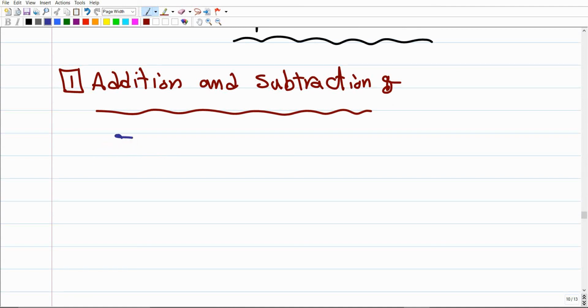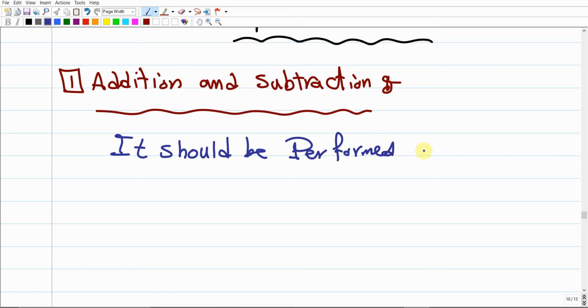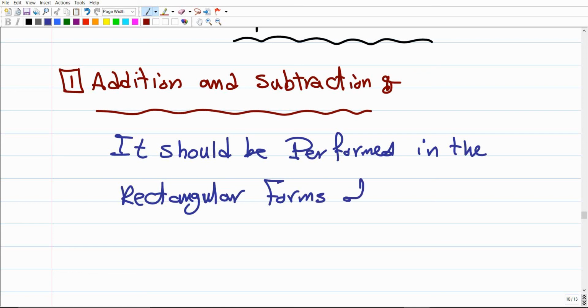So this operation should be performed in the rectangular forms of the complex numbers.